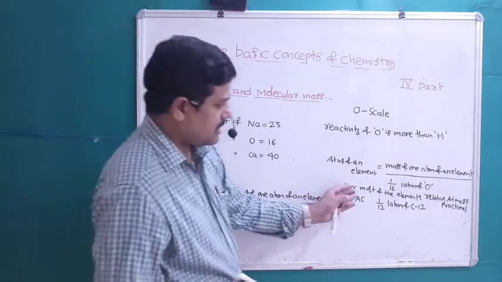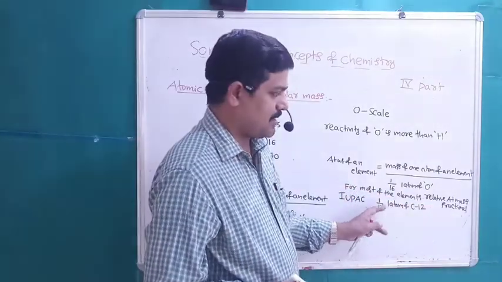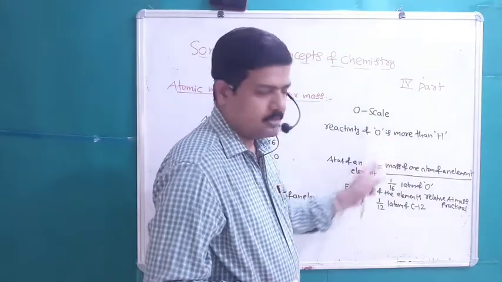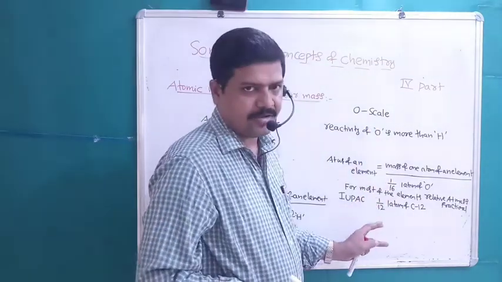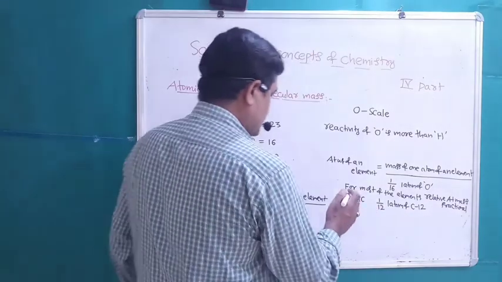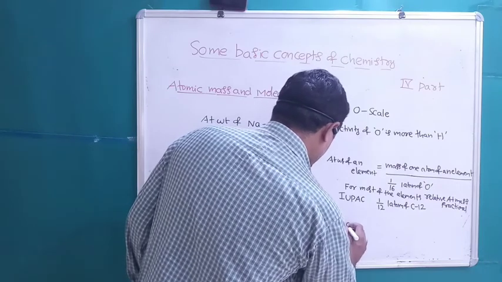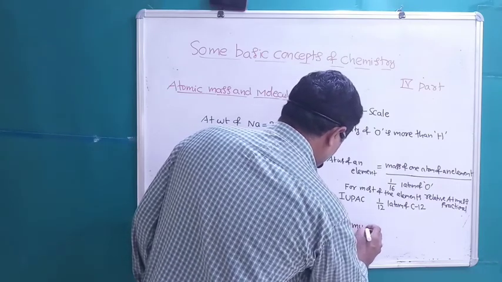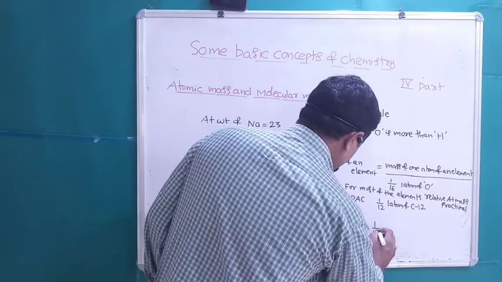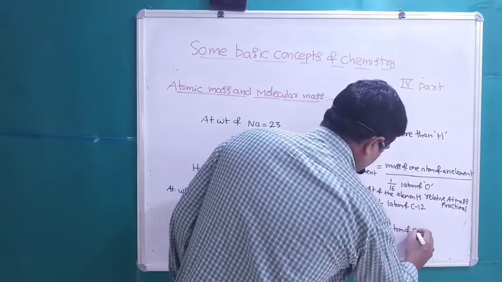Finally, nowadays also we use the carbon scale as a standard. What is the standard value? That is generally represented as 1 atomic mass unit, that is 1/12th part of one atom of carbon-12.